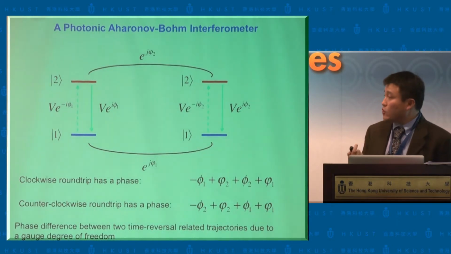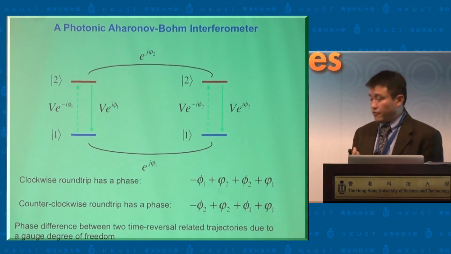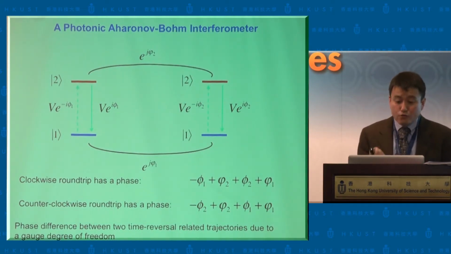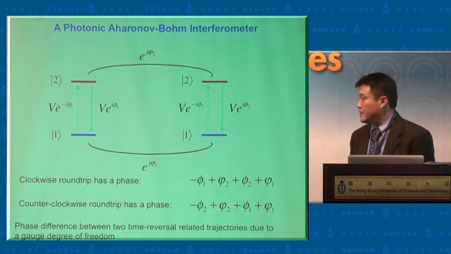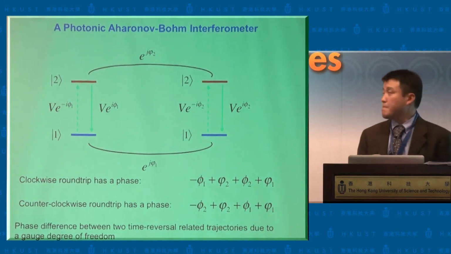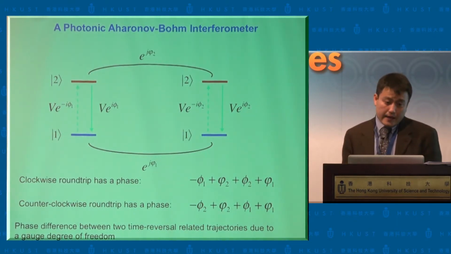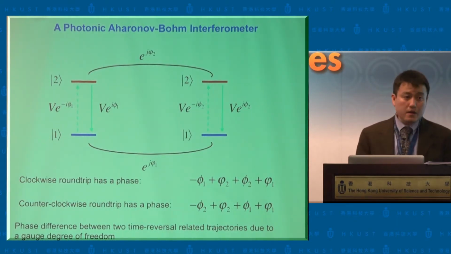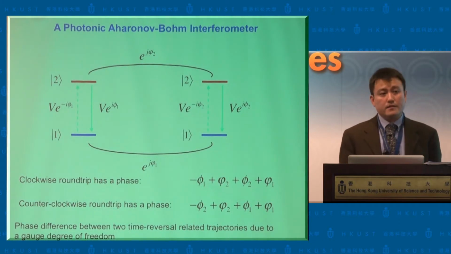So as a result, what you have is a phase difference between two time reversal related trajectories, and that phase difference comes out of a gauge degree of freedom. And that's precisely an Aharonov-Bohm interferometer, but cast in a photonic setting.